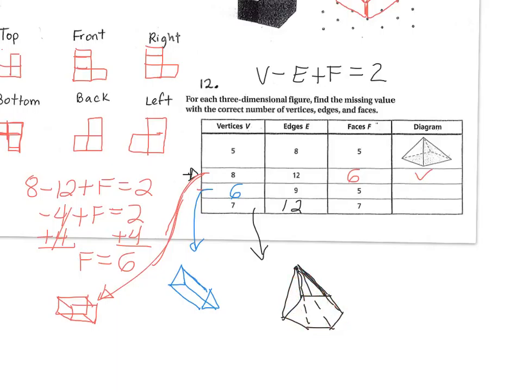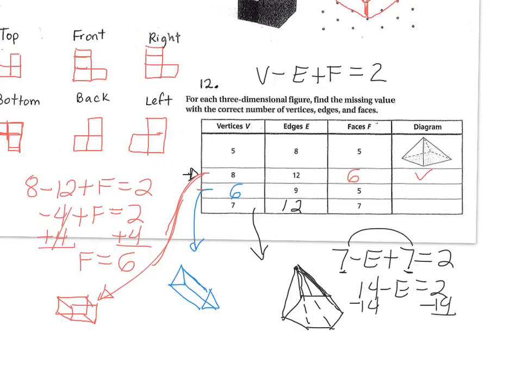For that one, you put on the calculator 7 minus... The equation would be 7 minus E plus 7 equals 2. And then from there, you combine the 7 and the 7, which becomes 14. In this case, you add them up, yes.